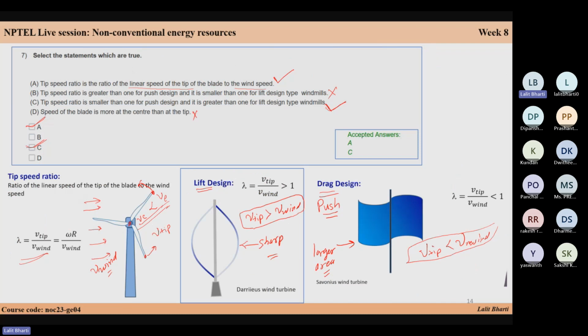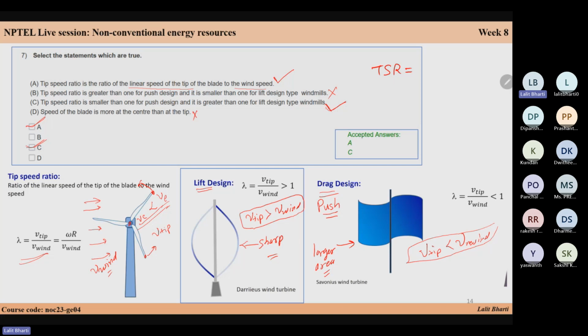Then we have the question where we need to check which statements are true or not. So statement A is the tip speed ratio. The tip speed ratio is the ratio of linear speed of the tip of the blade to the wind. So we have already seen what TSR is.